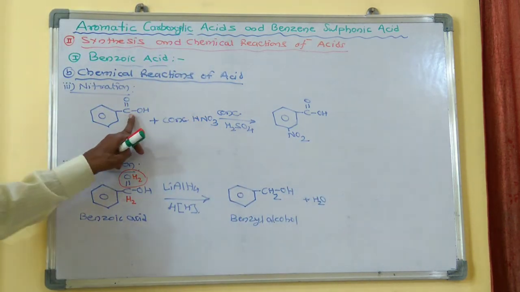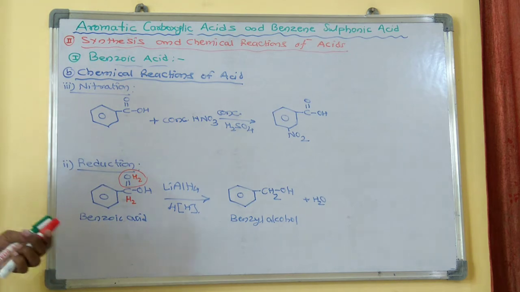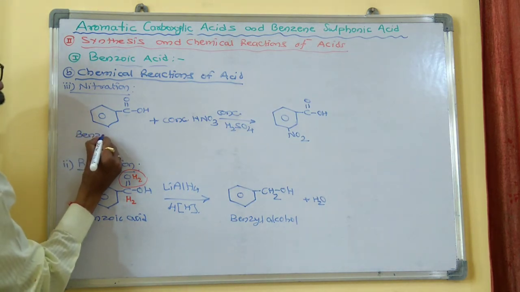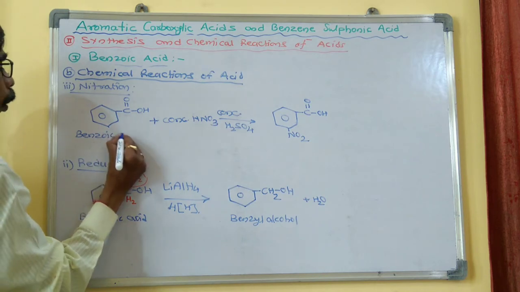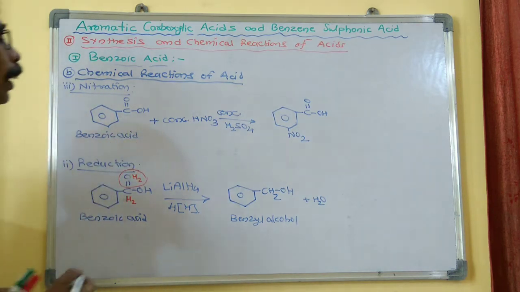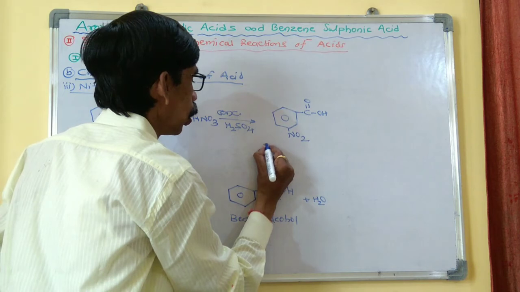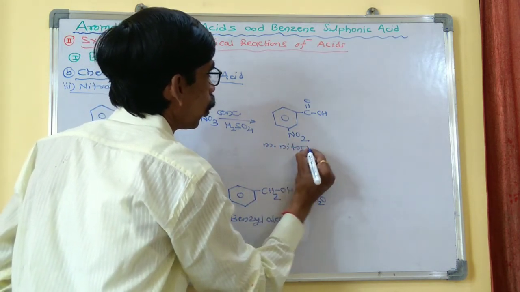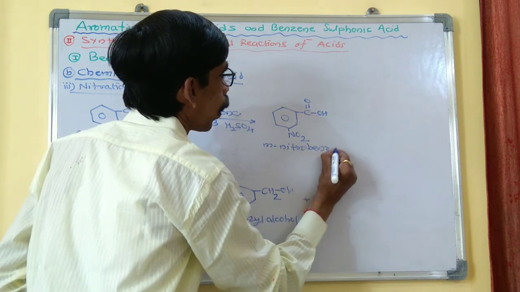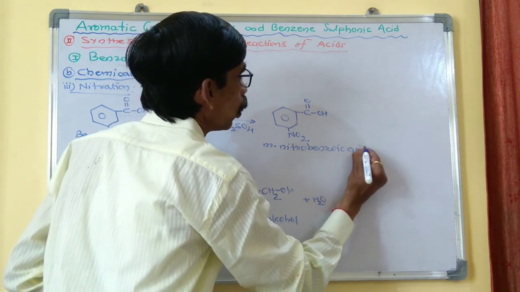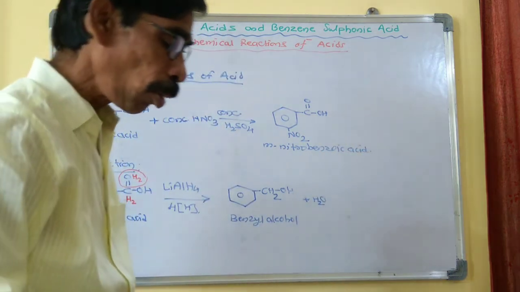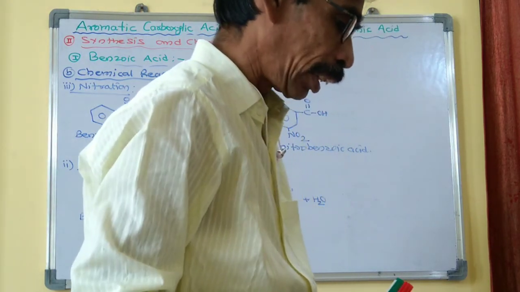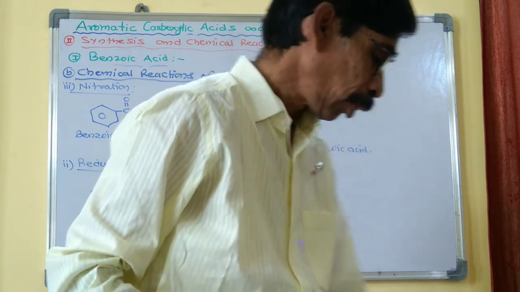So the COOH group is a meta directing group, and therefore this incoming NO2 group is linked at the meta position to form meta nitrobenzoic acid. So this is the nitration reaction of benzoic acid, and these are the reactions of benzoic acid.